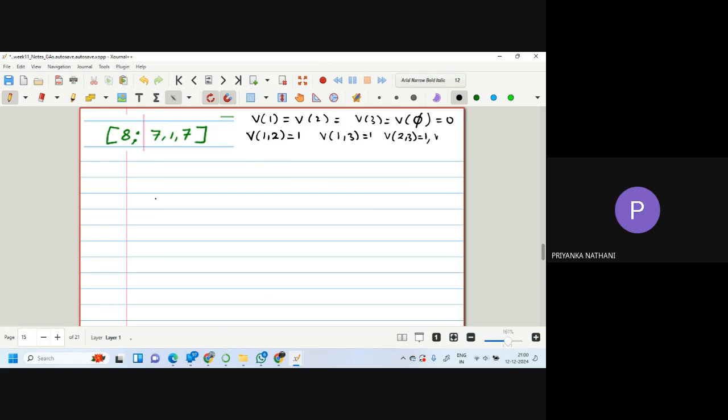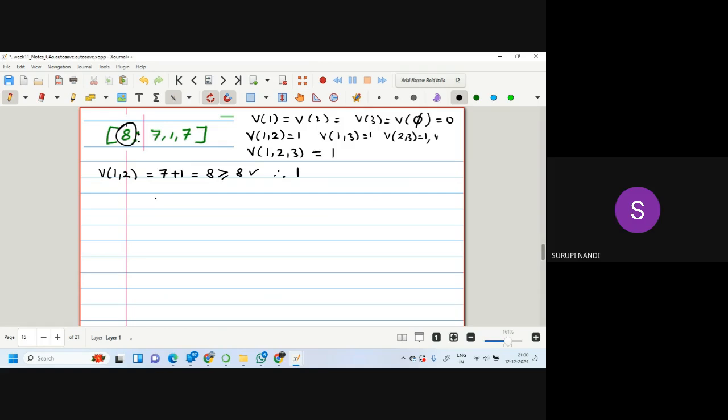Then can you mention how you got V1, V2, V3 all are 0? Surupi? Why I can see V12 is equal to 7 plus 1, 8, which is greater than or equal to 8. Therefore, 1.